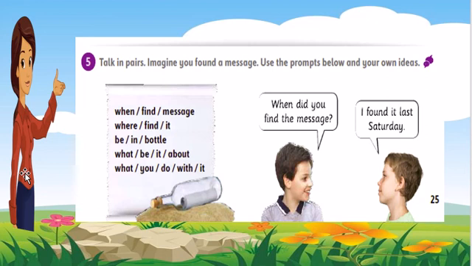When did you find the message? I found it last Saturday. You can do like this and use the helping words here. Where did you find it? I found it on the beach. So you can do it with the help of one of your family.